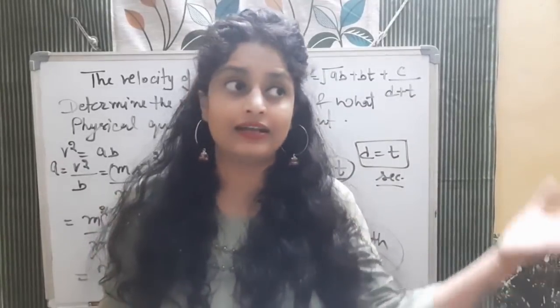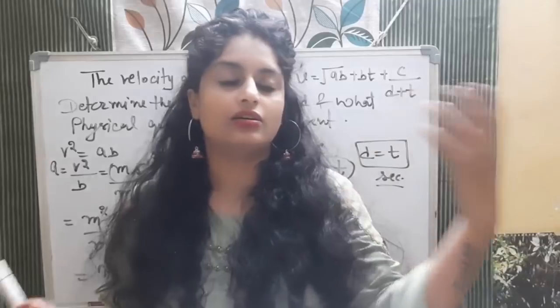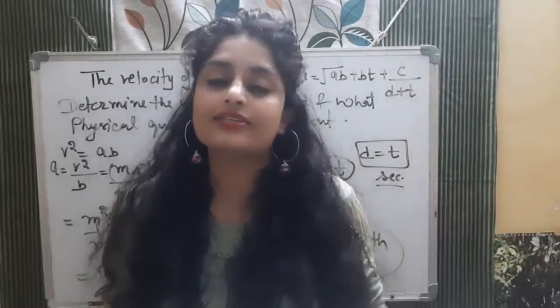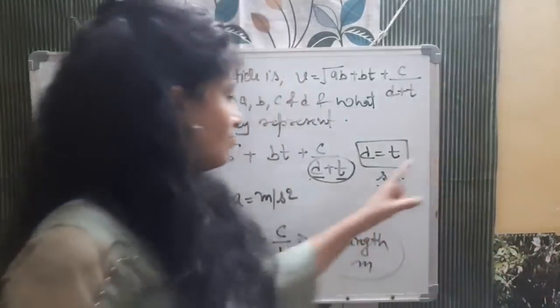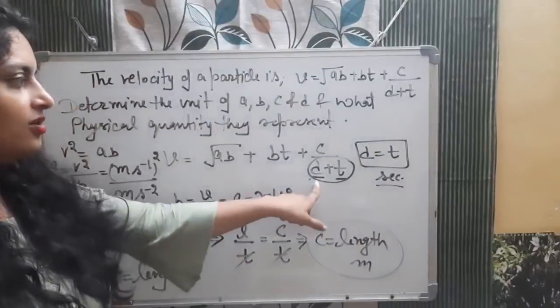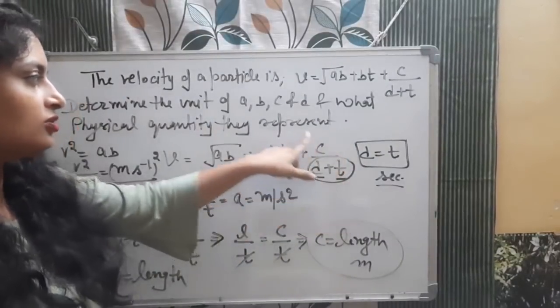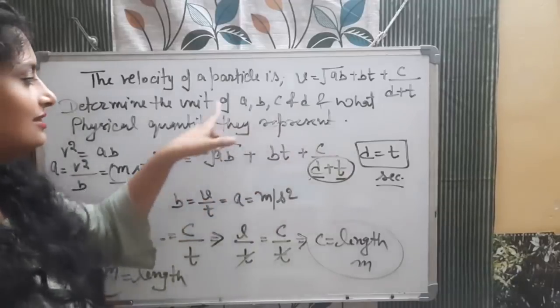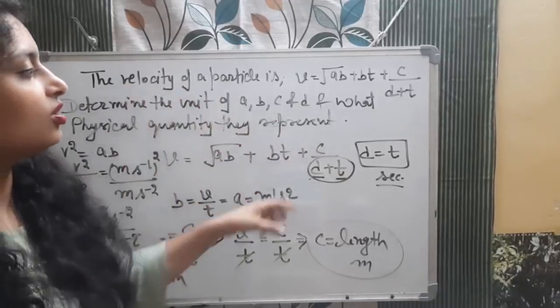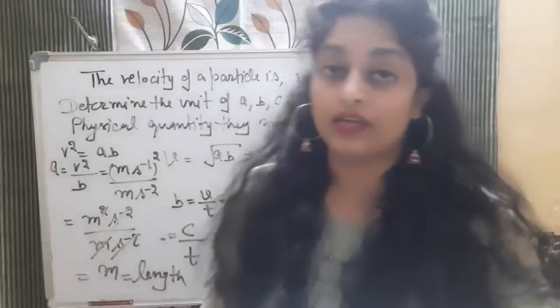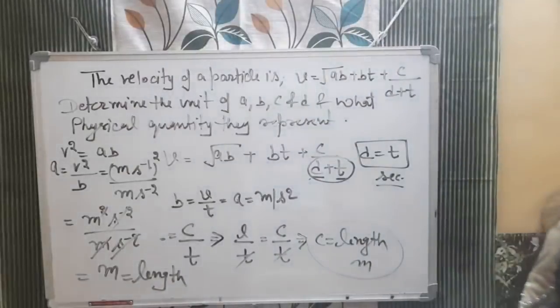We cannot add length to time, or time to mass. So by the principle of homogeneity we found D is time, then we took this part compared to velocity, this part compared to velocity and this part compared to velocity. We got all of A, B, C, D, their units and their physical quantities also.